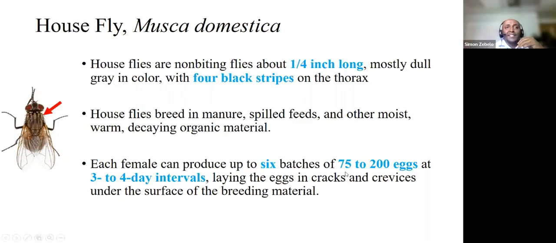These eggs are laid in cracks in surfaces, under the surface of breeding material, even sometimes under the surface of piled manure. Those are very important places where houseflies lay their eggs.